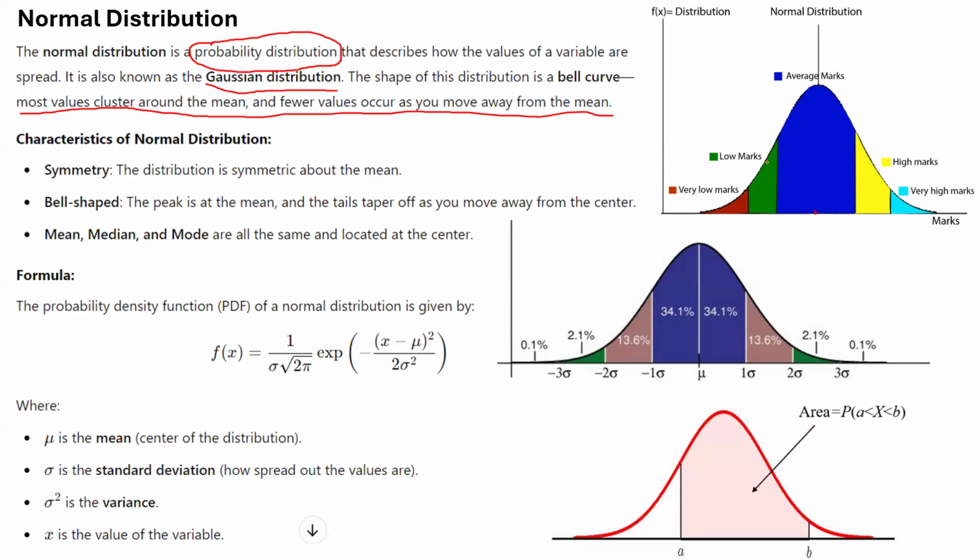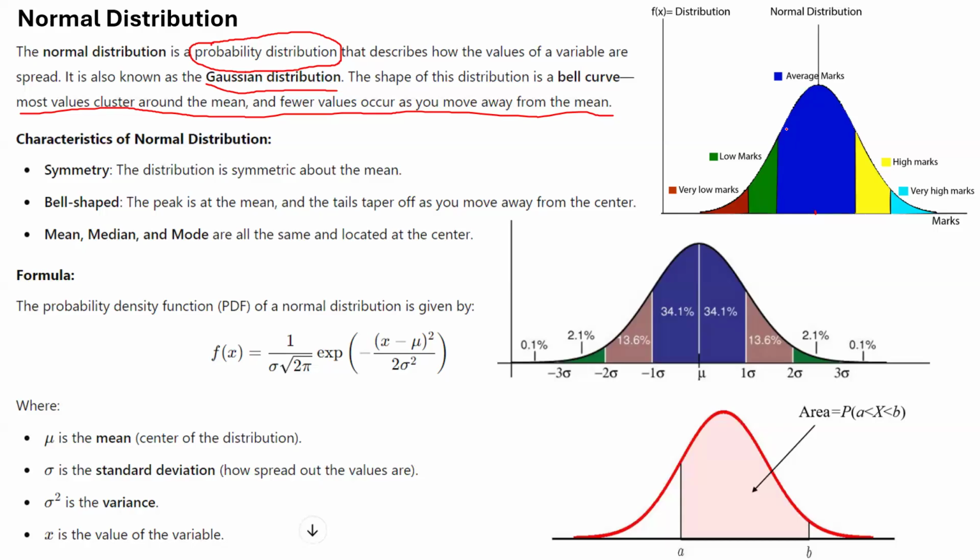Most of the data that we see in the real world falls into normal distribution. This is very important and very interesting. You can take the example of anything: marks of the students in a class, height of the students in a class, shoe size of some population.